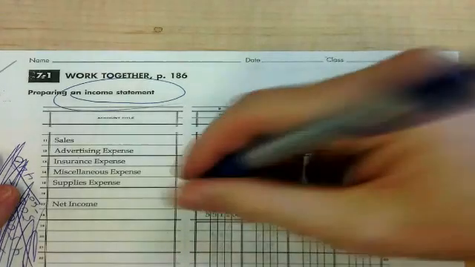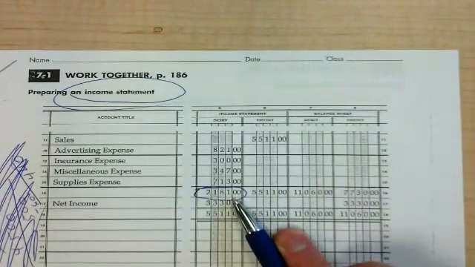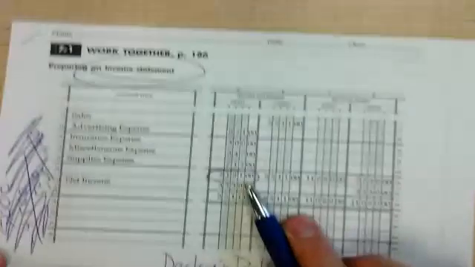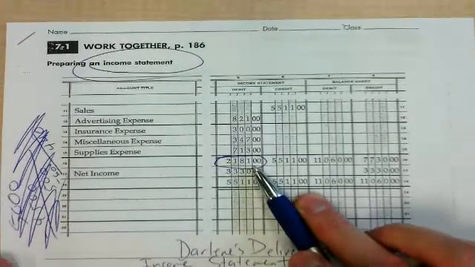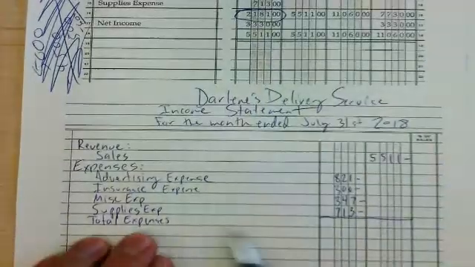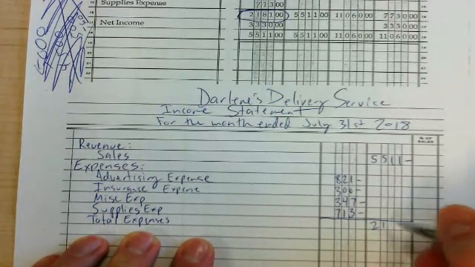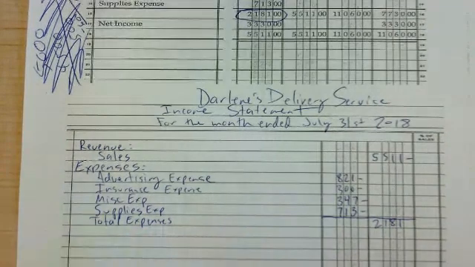So if you did your 8-column worksheet right, this is your total expenses. We didn't write that on the 8-column worksheet, but we're going to on the income statement because this is something that a boss would like to see in plain English. So total expenses is 21. It should be 2181 for total expenses.